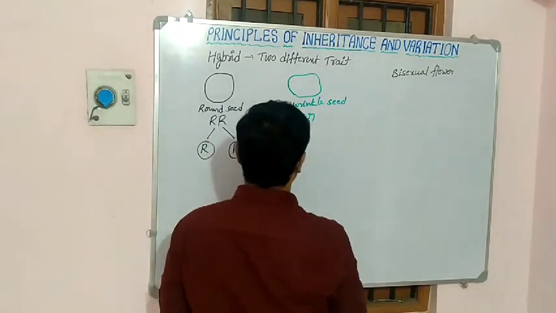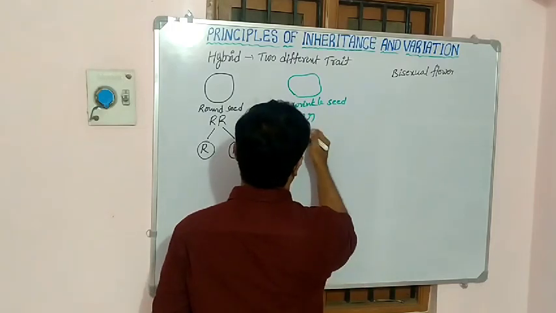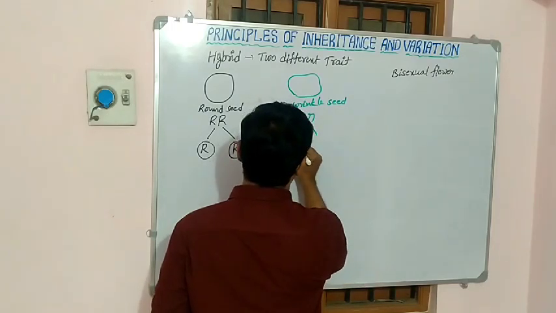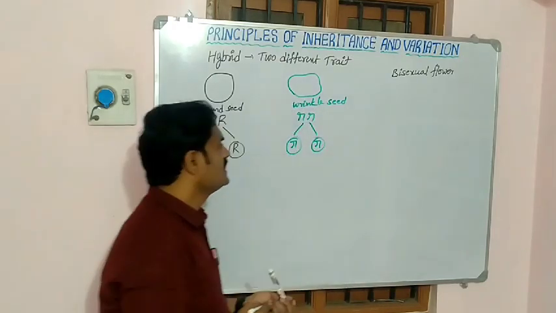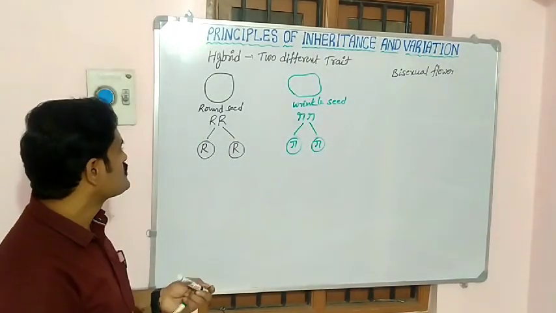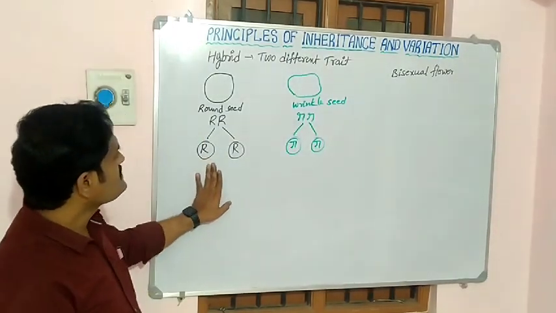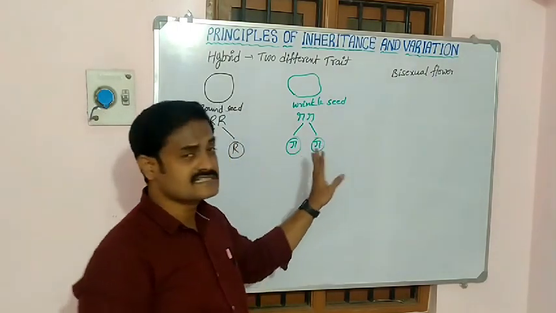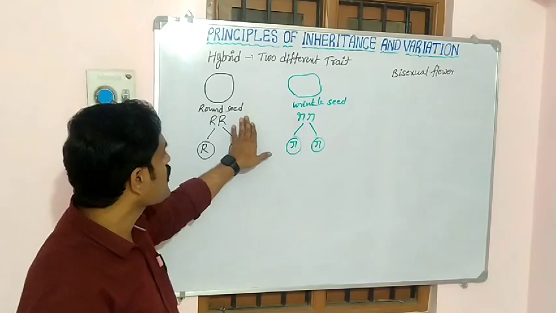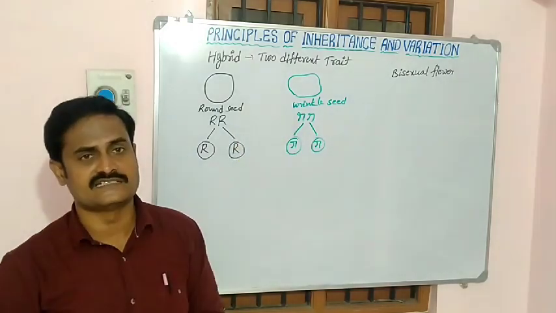Here also two gametes. So what kind of gametes does it consist of? Small r one gamete, again small r another gamete. So these are the gametes which are present in the round seed and wrinkled seed.